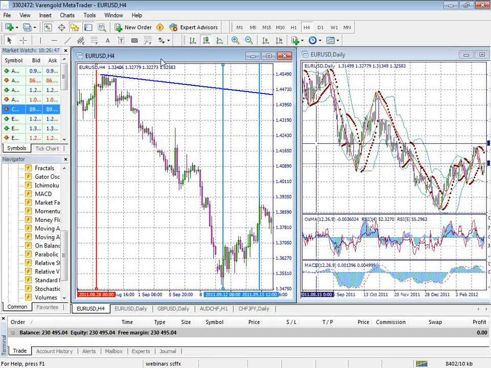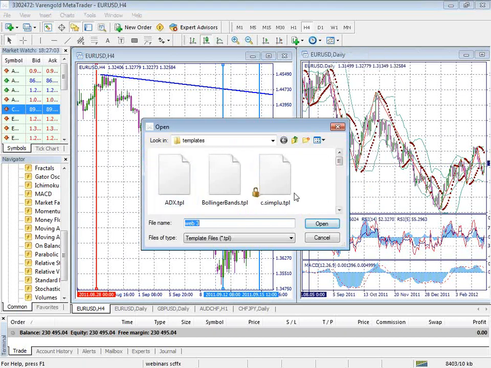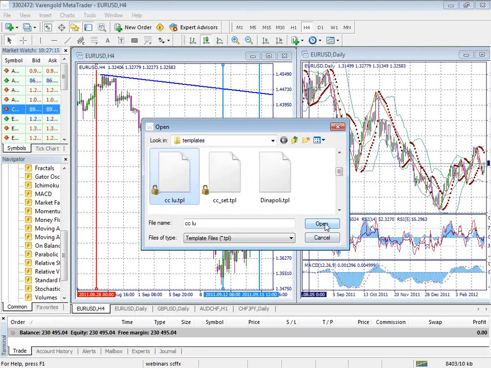Because I want you to understand, I will change this. I will load the template that I set up for working.